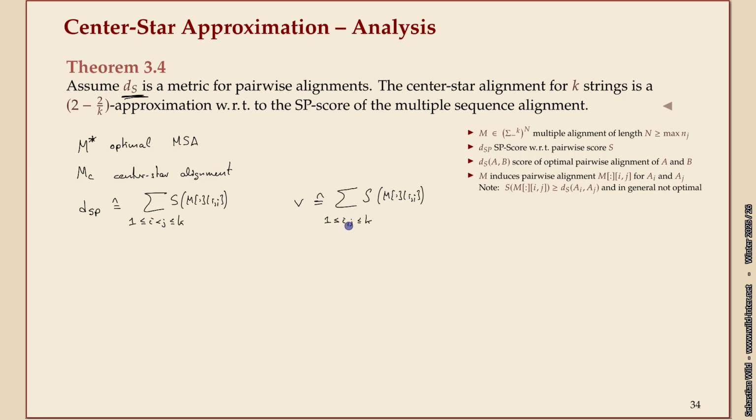And the entries where I and J are the same, they'll contribute 0 because they have distance 0. So whatever you do, V of M is going to be 2 times the sum of pairs distance of the same alignment. In particular, for an approximation guarantee where we take the ratio of MC divided by the cost for optimum, that ratio is the same whether I multiply both things by 2. So that doesn't make a difference.